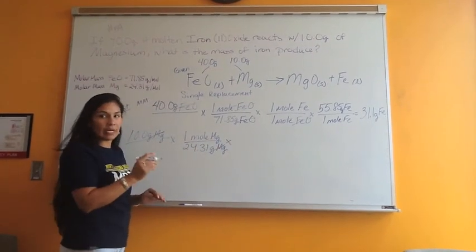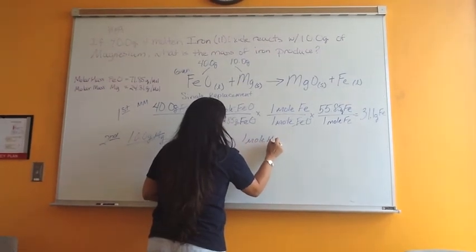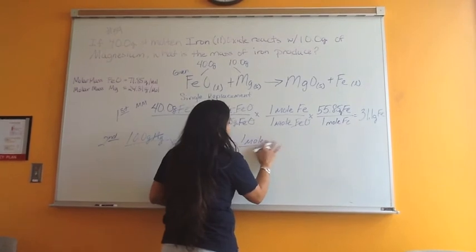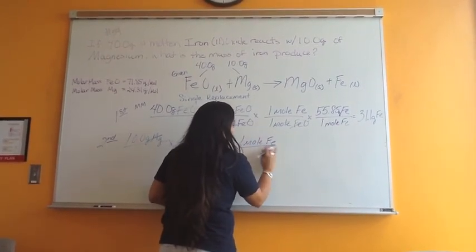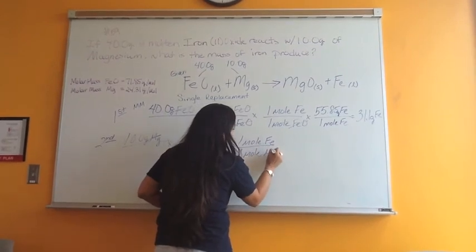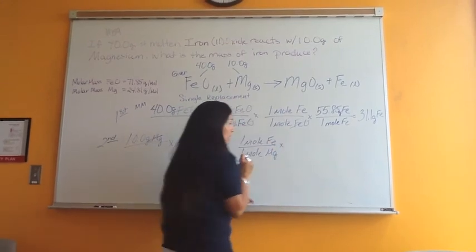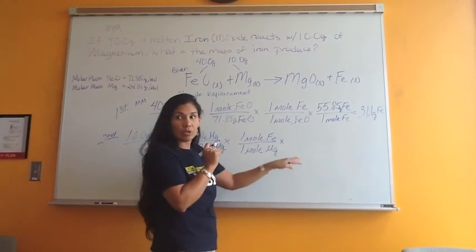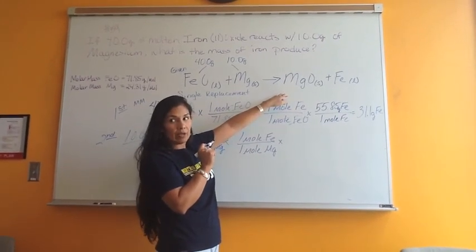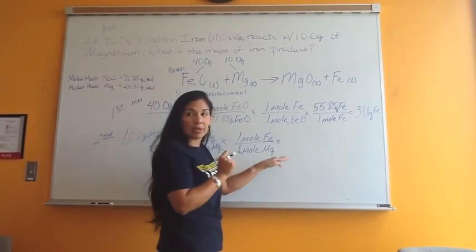We're going to take the ratio, which is 1 mole of iron to 1 mole of magnesium. I got these mixed up. With that, we're going to use our calculations for iron, because we're solving for iron here, and here we're solving for iron as well, which is going to give us our conclusion for the limiting reactant.